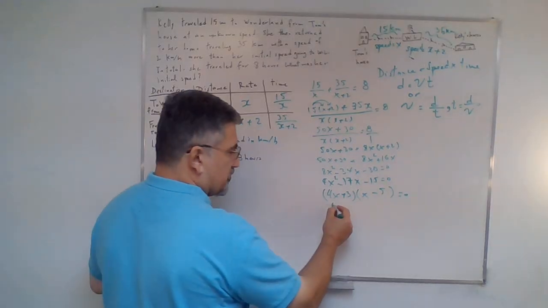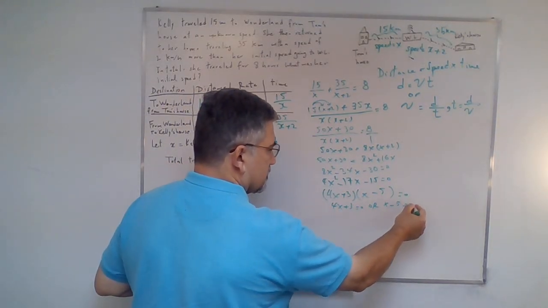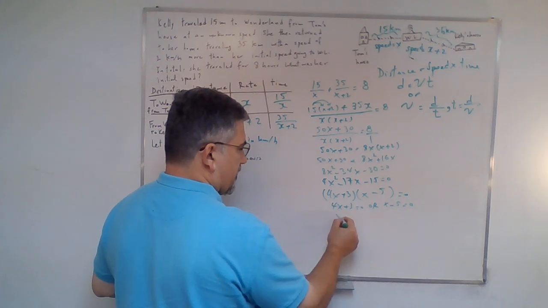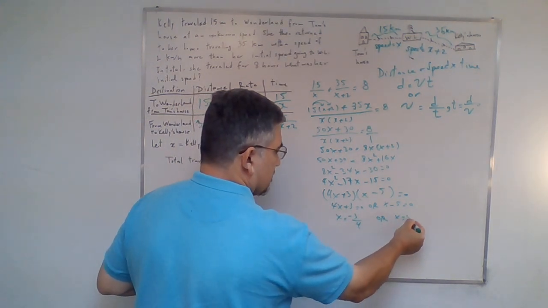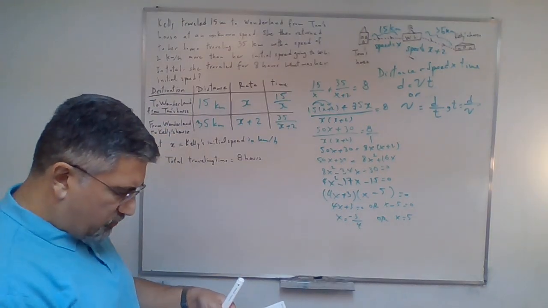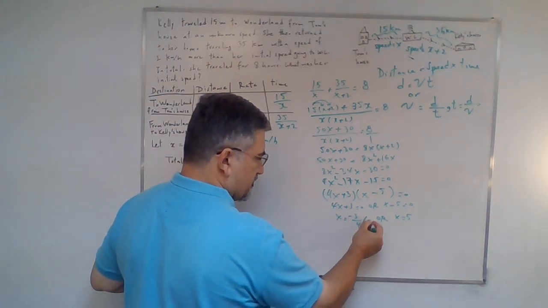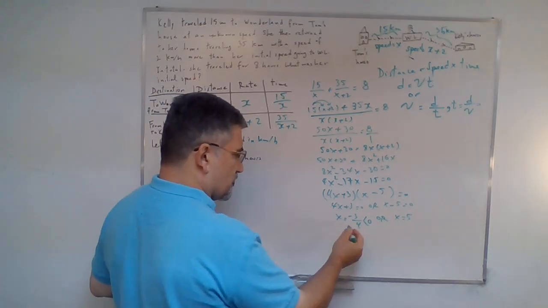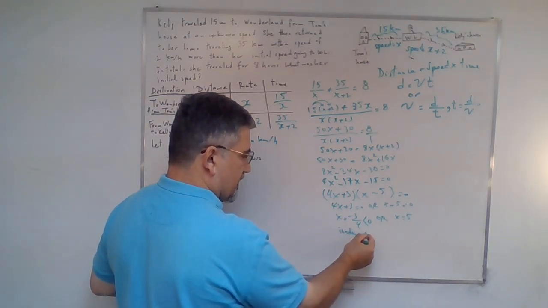Now we're going to use the zero product property, setting each factor equal to 0. So either x is negative 3 over 4 or x equals 5. We understand that speed cannot be negative. So this negative 3 over 4 is a negative answer, so this is actually an inadmissible answer.